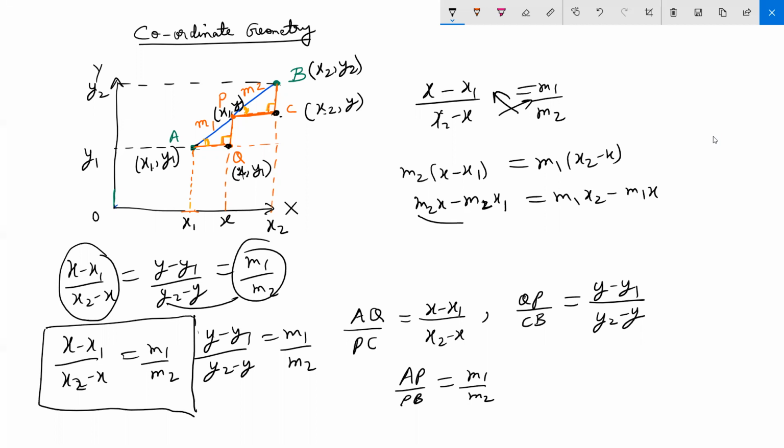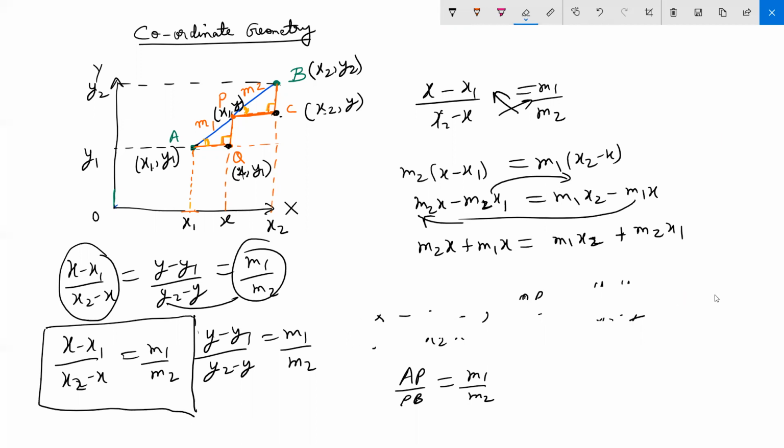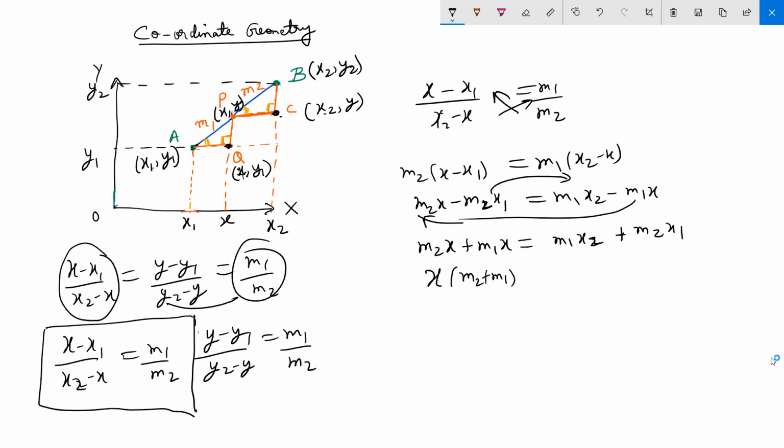So here these two are the like terms. So m1x will be transferred on the left hand side, so it will be plus m1x, and this will be transferred on the right hand side. So here x will be taken common.